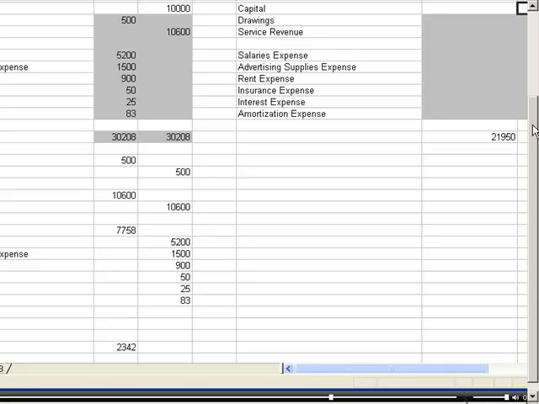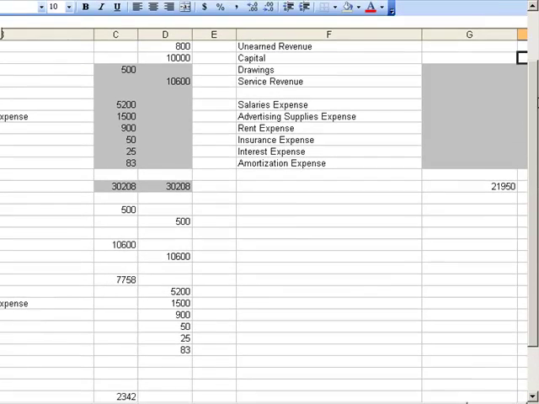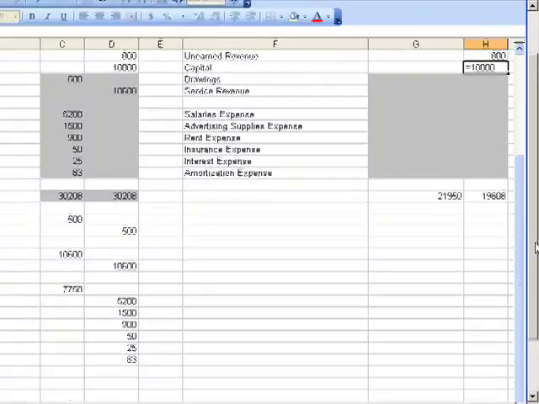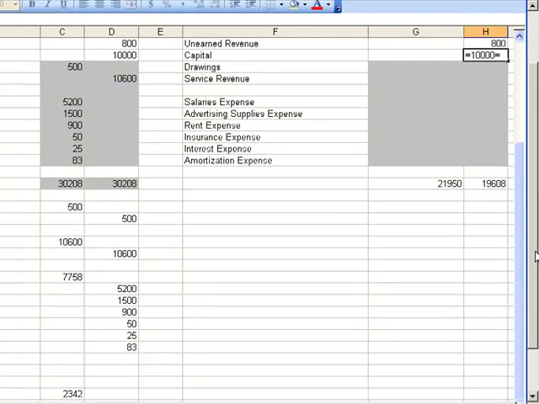So if I plug this into this, which is our beginning trial balance for the next year, I now have a formula which is equal to what we had the year before plus 2,342. A little error here. That was supposed to be a plus.